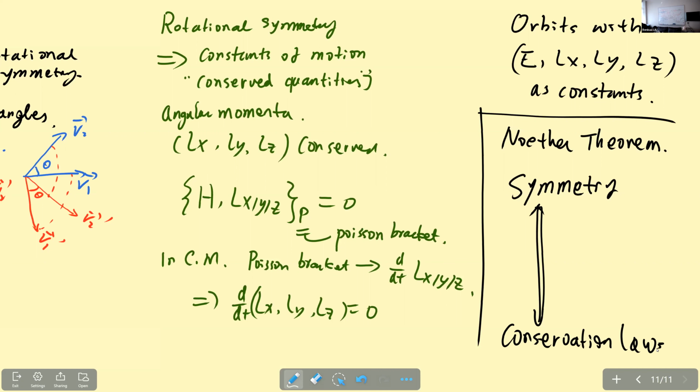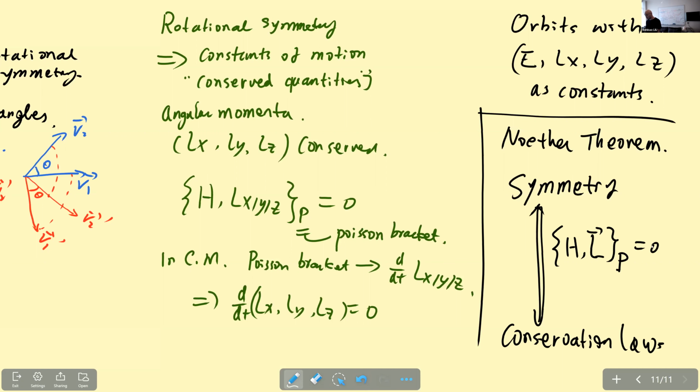The mathematical reason is because of the Hamiltonian and this Lx or Ly, let me say all the components, the Poisson bracket equal to 0.